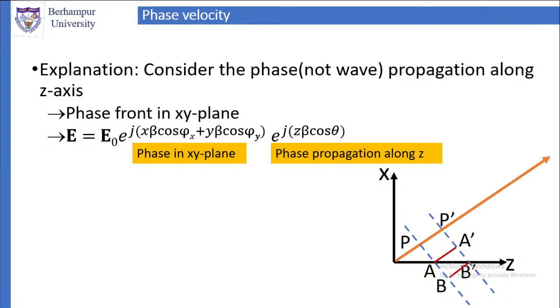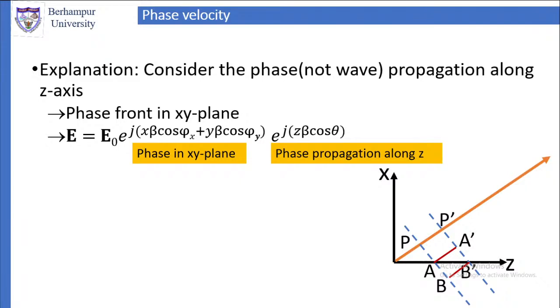Both these triangles are right angle triangles. The side in front of the right angle is AB dash, and AB dash is greater than A dash B dash. A dash is equal to B dash.